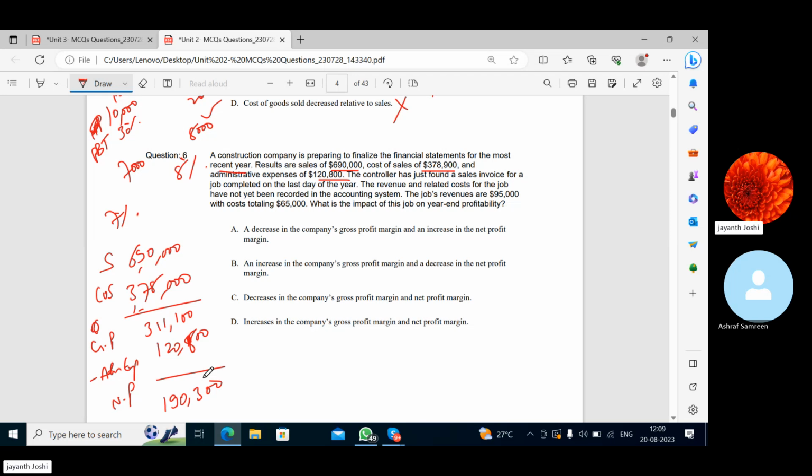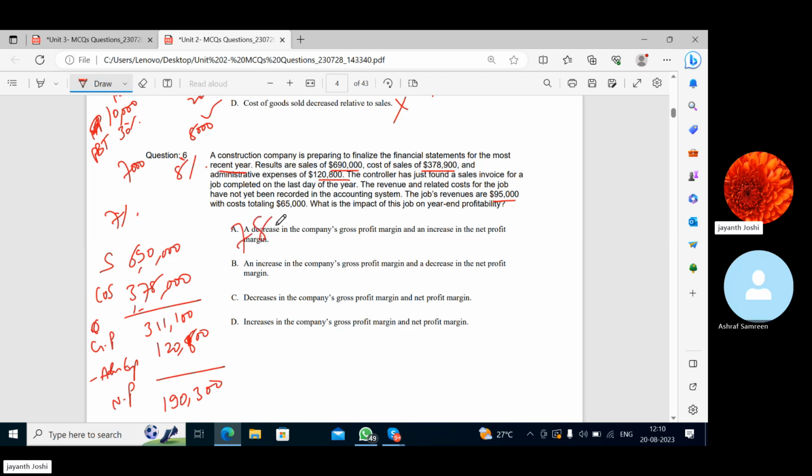The revenue and related costs for the job have not yet been recorded in the accounting system. The job revenues are 95,000 with handling cost of 65,000. So we need to make a modification here, right? We will increase our sales because they got revenues. So add 95,000 to this.